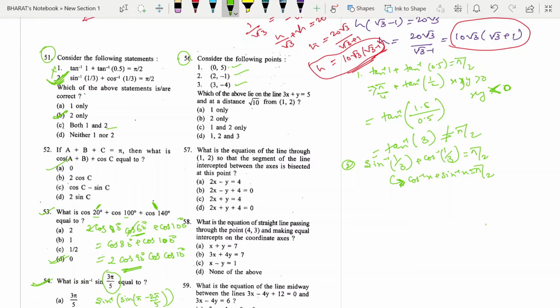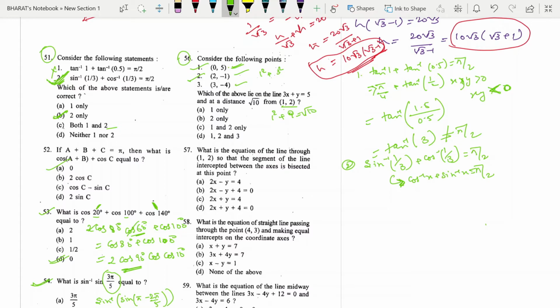So a simple method is you can find the distance from this point. It will be equal to 1 square plus 3 square, that is 9, that is root 10. Yes, this is root 10, but we should also check whether the other options are matching. Yes, the first option is matching. Now the second one, 2 minus 1, it will be equal to 1 square plus 3 square, it is also giving the answer.